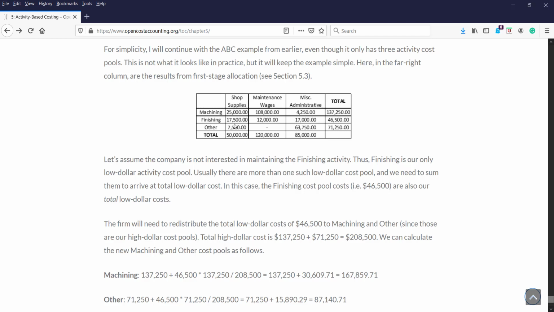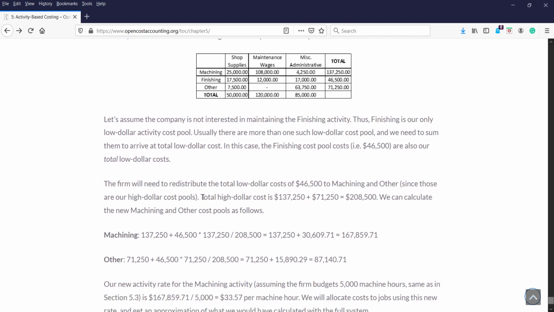So we're going to take its $46,500 and move it over between machining and other. We're going to split it up ratably based on the proportion of machining and other to each other. And so what we have here is our high dollar cost pools are machining and other. So 137,250 and 71,250.